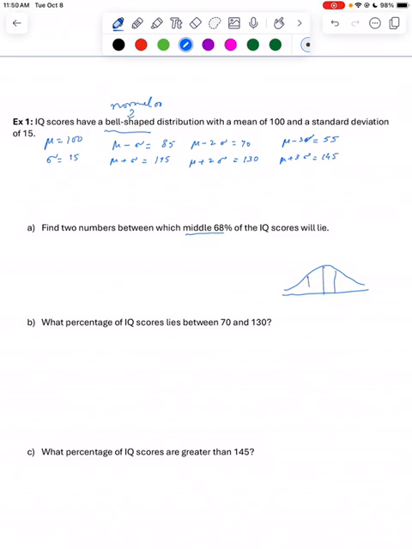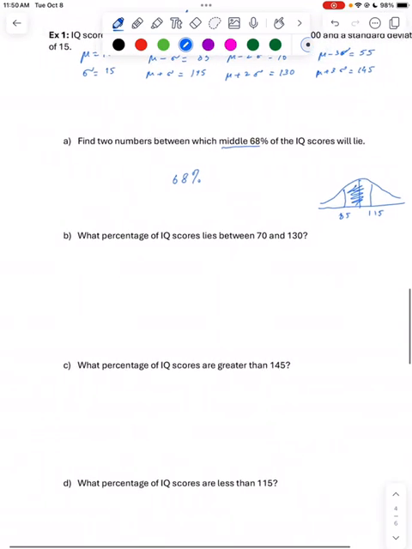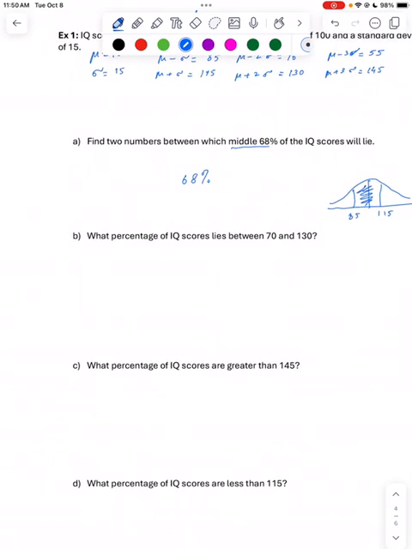So this is mu minus sigma, which we can look up and it is 85, and this is 115. So now you can just write the numbers. The answer is 85 to 115, which is the middle 68%.